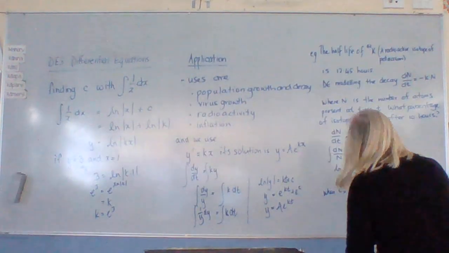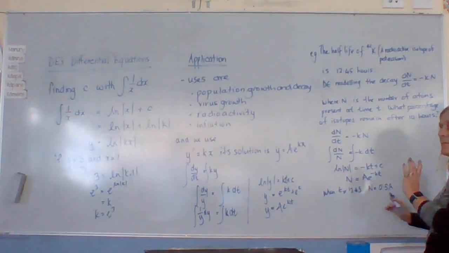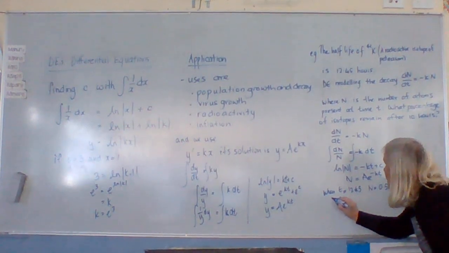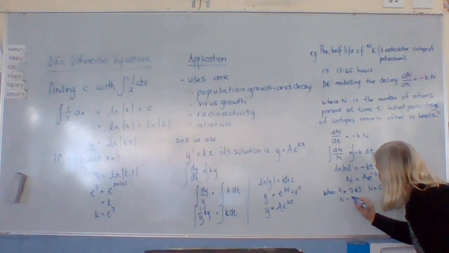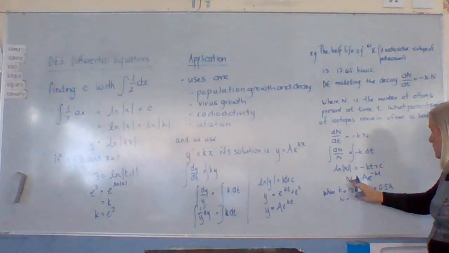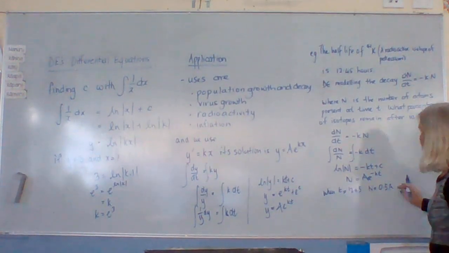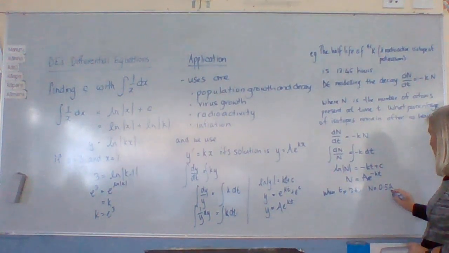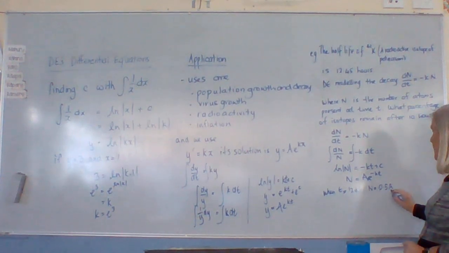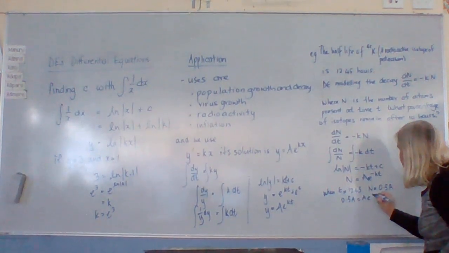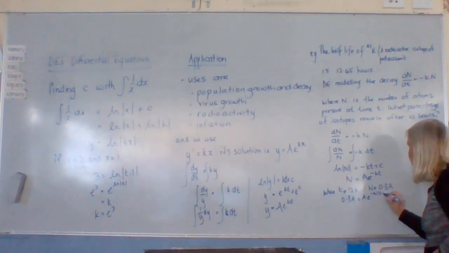So when t equals that, N will equal 0.5 of A. Okay, so 0.5 of A equals A e to the negative k times 12.45.